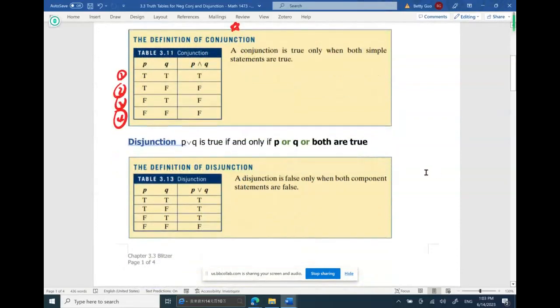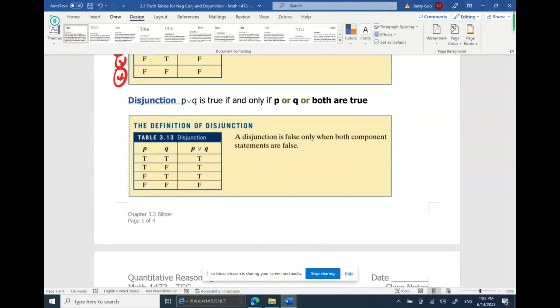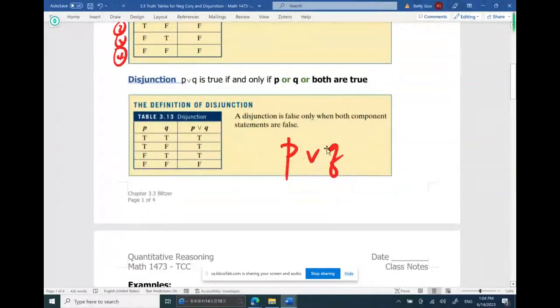Next, disjunction. Or statement, right? You need to remember this sentence: for a disjunction to be false, both of them have to be false. Now we are talking about the disjunction P or Q. For a disjunction P or Q to be false, both P and Q have to be false.